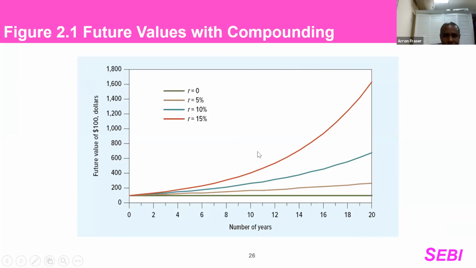If you invest $100 starting at year 0, by year 20, at 5% interest it might just double. But at 10%, it almost triples, and at 15%, it goes almost 16 times. It's just to show you how the same $100 grows exponentially when compounded at different interest rates over a 20-year period, right?